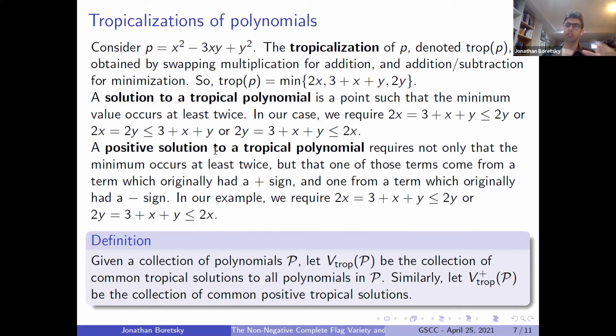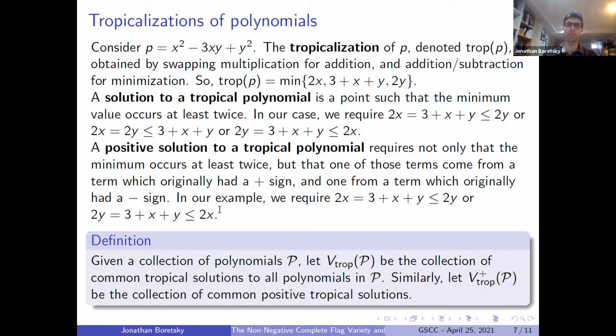Puiseux series are like power series in rational powers of T. And the positive solutions are ones that come from Puiseux series which have a positive leading coefficient, a real positive leading coefficient.